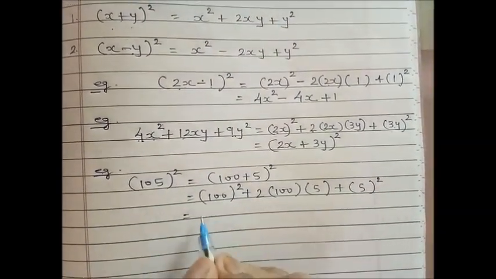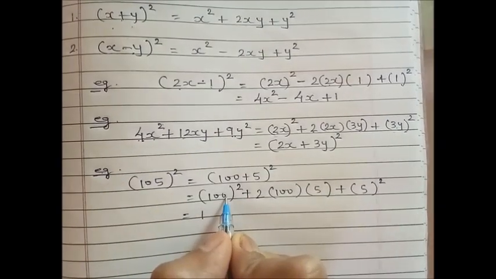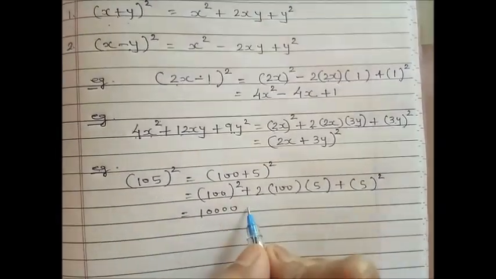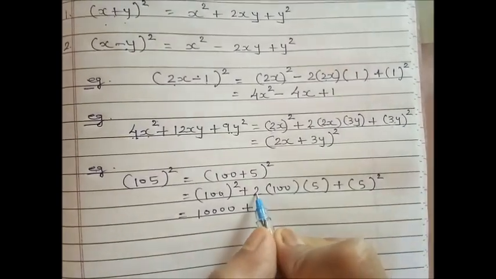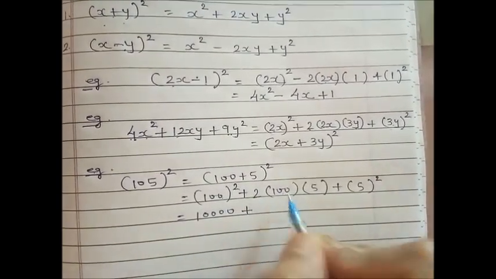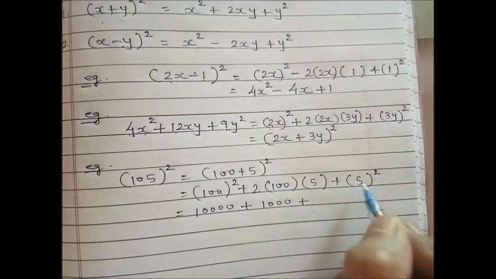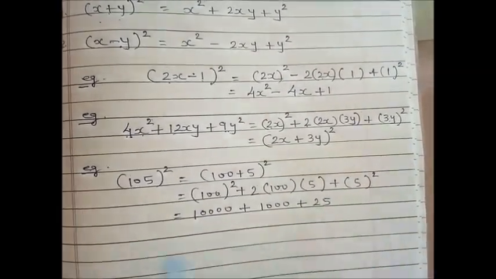Now square of 100, that means 2 zeros, so in square it will become 4 zeros, that is 10,000, plus 5 2s are 10, 10 into 100, that is 1000, plus 5 5s are 25.